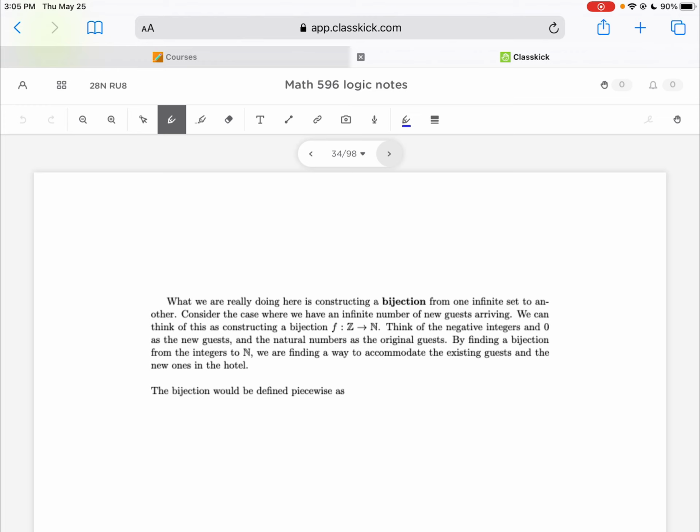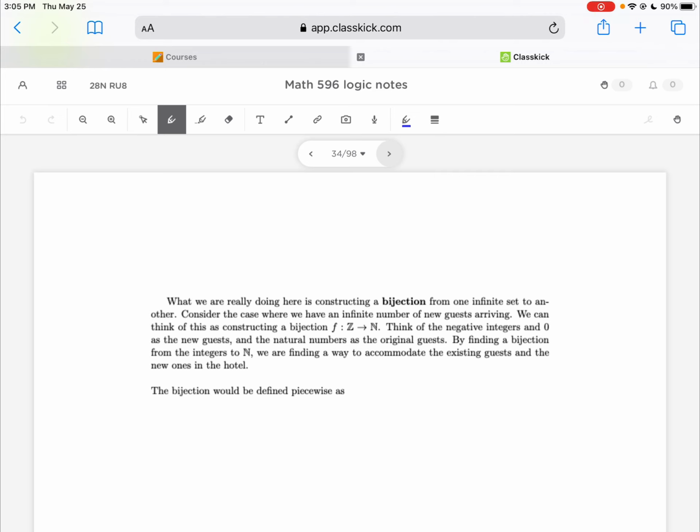We think about the negative integers and 0 as our infinitely many new guests, and the natural numbers as the guests who were originally already in the hotel. By finding a bijection from the integers into N, we're finding a way to accommodate all of the existing guests as well as all of the new ones into the original N many rooms, or natural number many rooms.